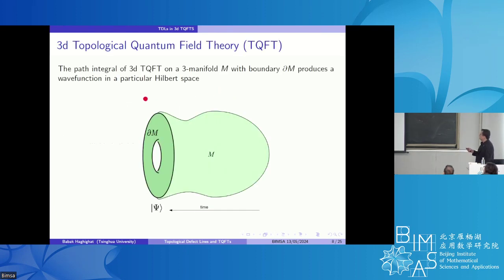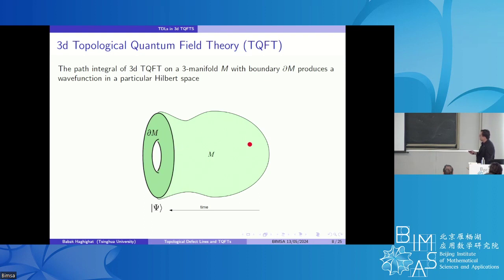In particular, I will be interested in a three-dimensional topological quantum field theory. Everything is again topological. It means that you take the partition function of this theory on a three-manifold, and the result will only depend on the topology. That's why it's a topological quantum field theory. In this case, my three-manifold is not taken to be a closed manifold, but it has a boundary.